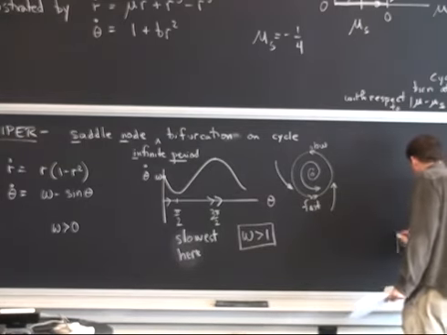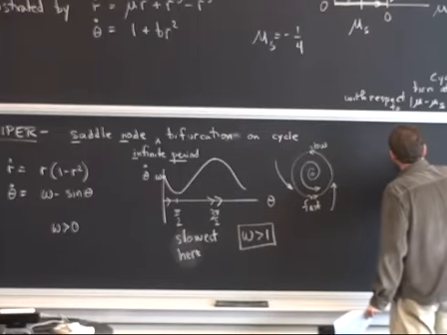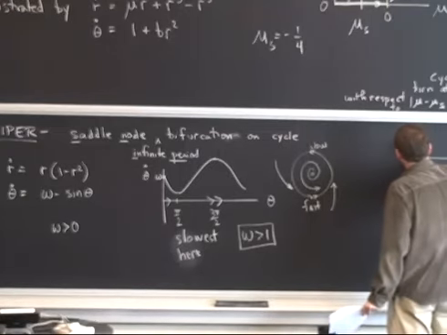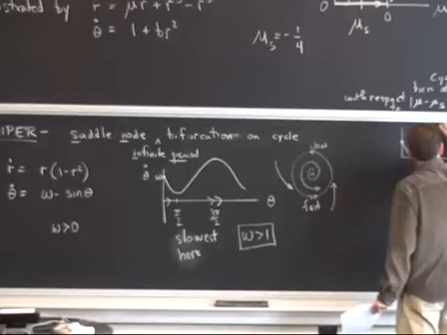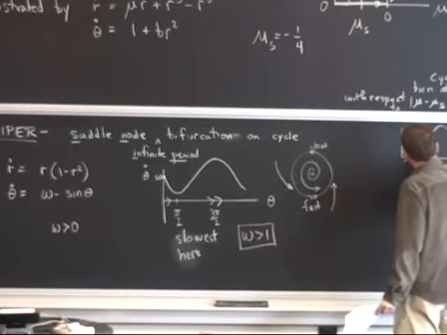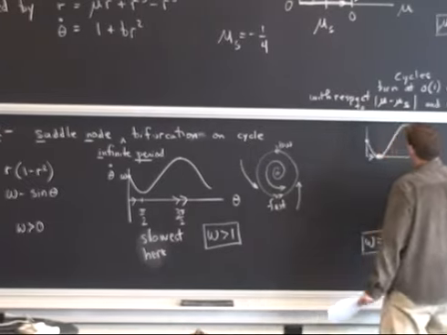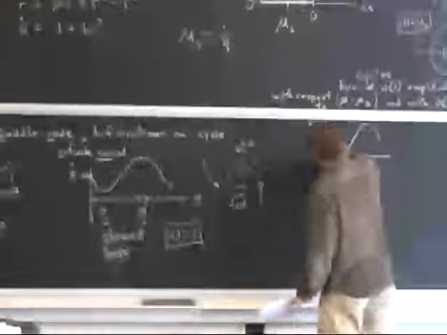So then at omega equals 1, drawing our theta dot picture, we now have something like so, where we now have this saddle node bifurcation occurring in the theta dot dynamics.